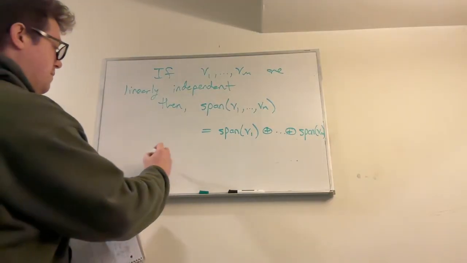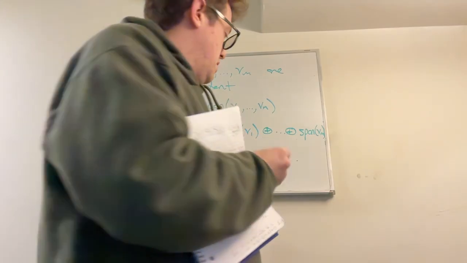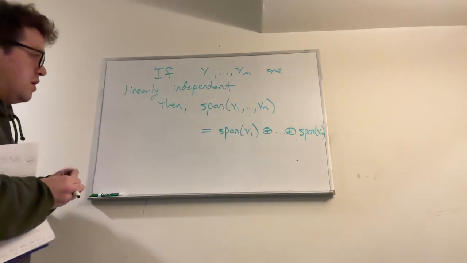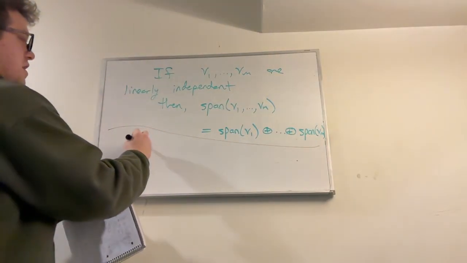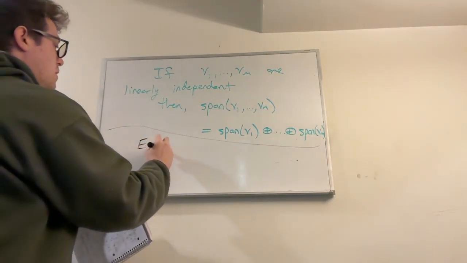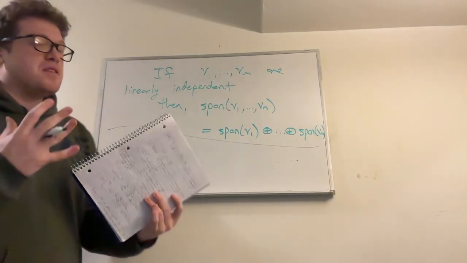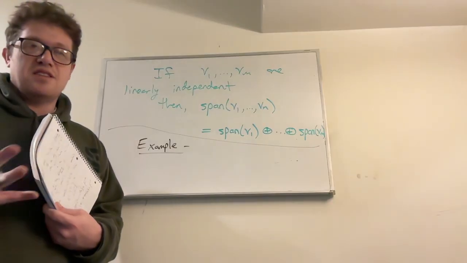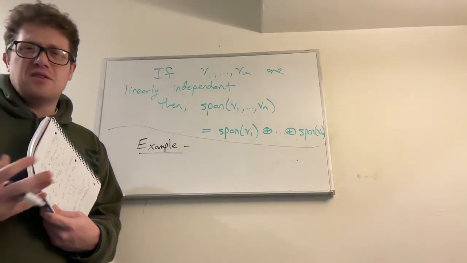So let me write this in a different color. Here's an example of a linearly independent set. You can think of this as the canonical example of a linearly independent set. I think they call it the standard basis, right?